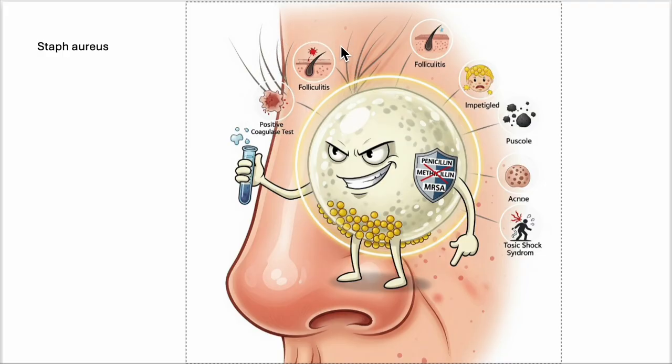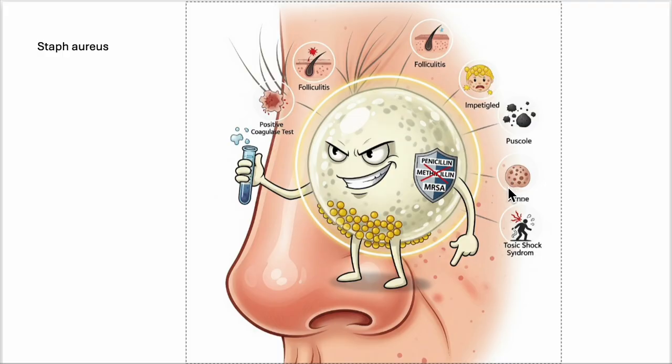It causes folliculitis. Looks like we've got folliculitis on there a few times. I don't even know what word this was trying to say here. I can't even see it in my notes, but it also causes food poisoning. It is resistant against penicillin and methicillin, and the MRSA version of Staph aureus is too.